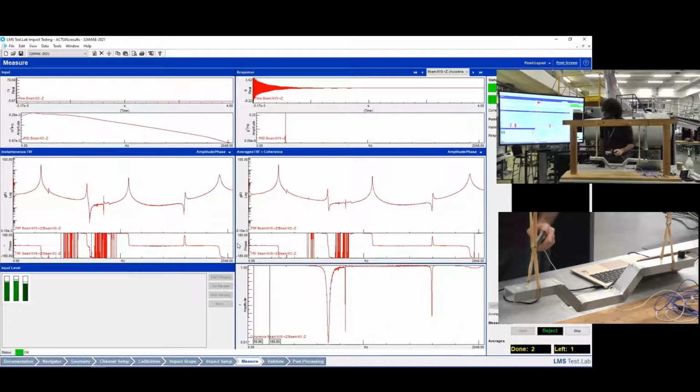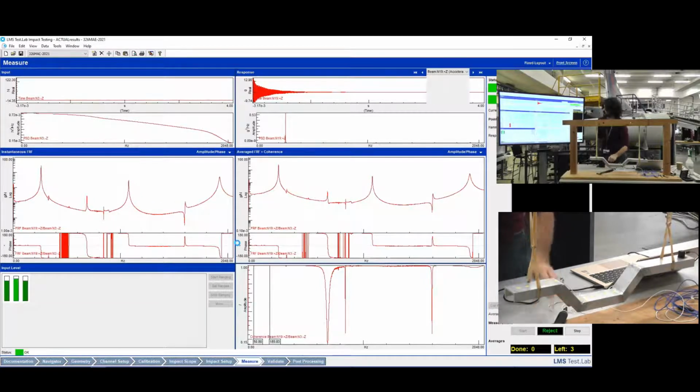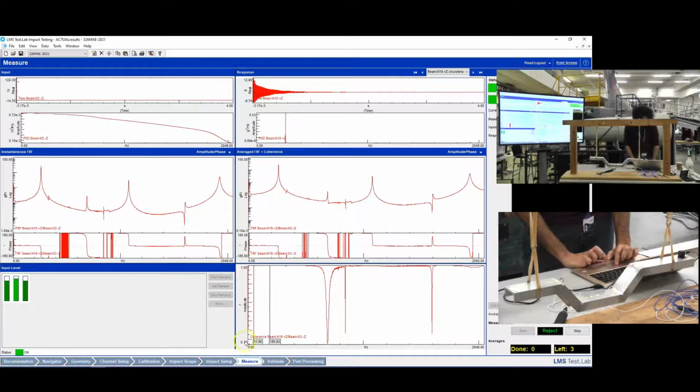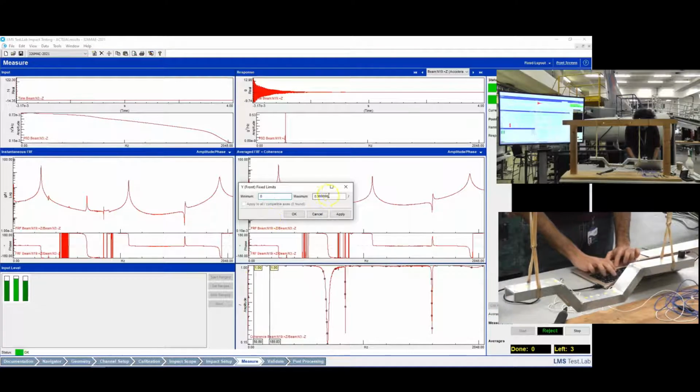Okay, it's not too bad, 0.01. Okay, since I don't like this free ranging of the y-axis here, I will just change this. I want this to go from 0 to 1, because I know the coherence goes from 0 to 1.